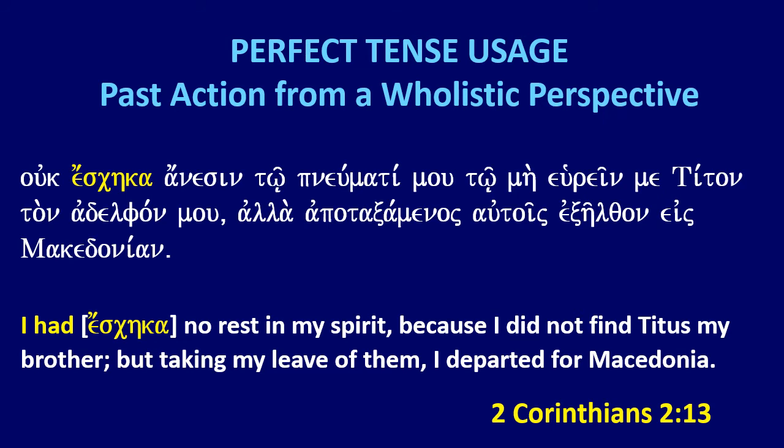But here the perfect tense cannot mean I had no rest in the past with the results continuing up to the present, I still don't have rest. Now that clearly is not the point. It's viewing a past action as complete, and it's not speaking about the present significance or present state of that past action. The past action is viewed holistically, so it's like an aorist indicative.